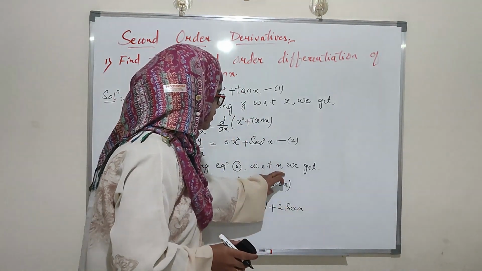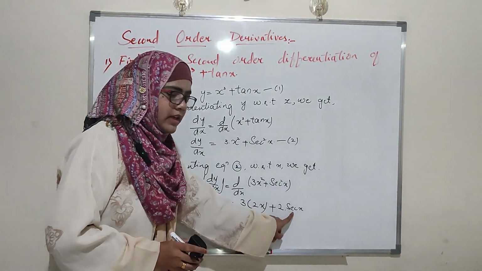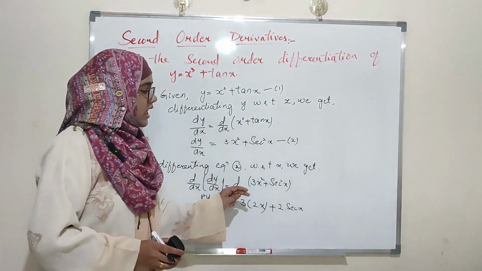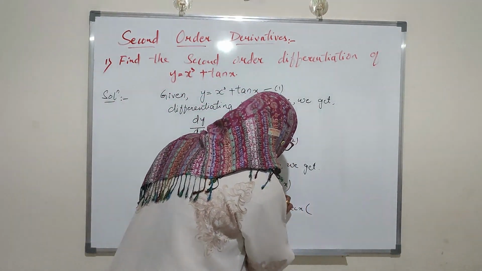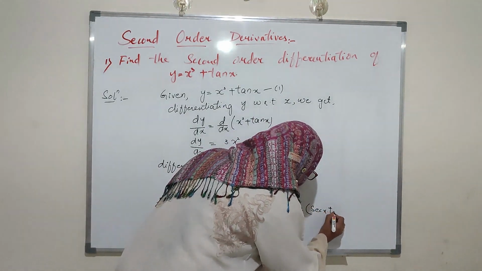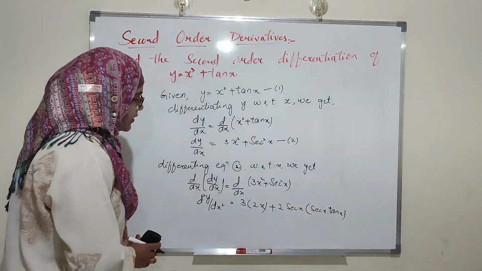Suppose x square is x square, so x square differentiation is 2 into x. Okay. Now sec x is a trigonometric term. Again we have to differentiate sec of x. Then we get sec x differentiation is sec x into tan x. Okay.